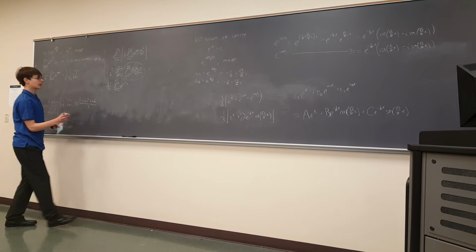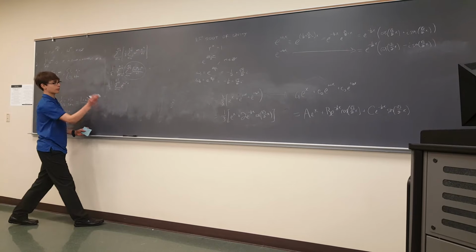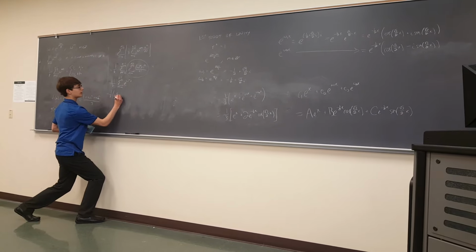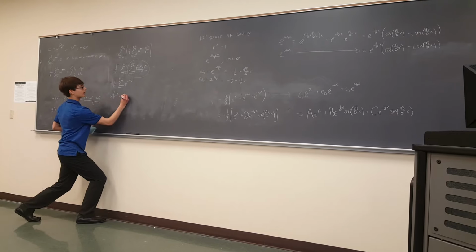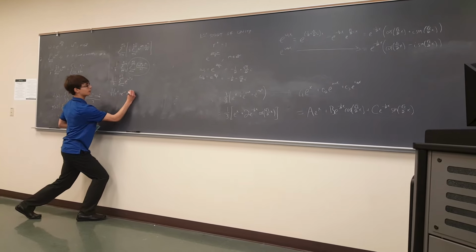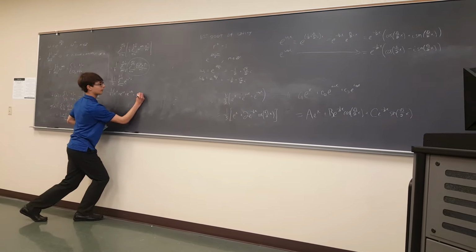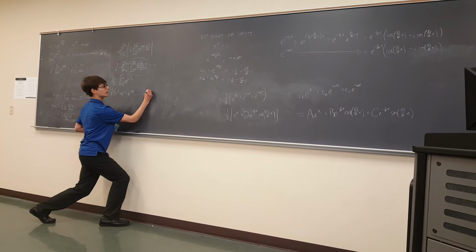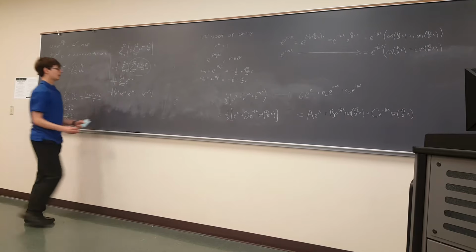And then finally we can expand this out just to make it more explicit. 1 over k times e to the x plus e to the omega x plus e to the omega squared x, and so on until we get to e to the omega to the k minus 1 x.